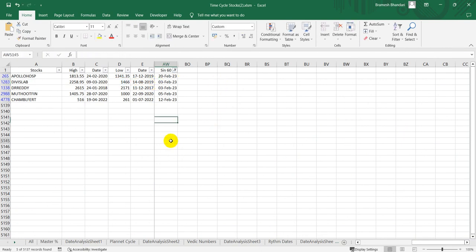If you want to create your own formula, just type equal to 1466 multiplied by 0.866. You get this value, 1269. Now add this value to this low date: 14 August 2019 plus 1269 days. It will give you a date of 13th February 2023.